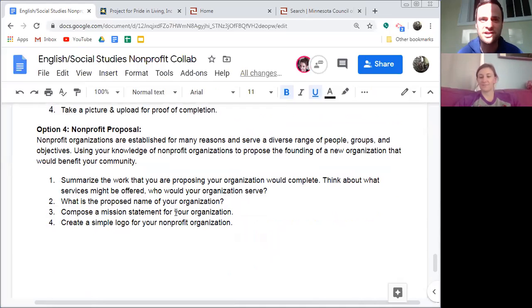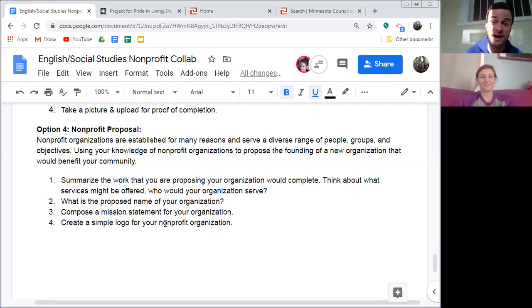What type of organization would you like to put out there for the betterment of your community? So first, what are you going to do and who would you serve? What's the proposed name of your organization? You can get creative. It could be very straightforward. Compose a short mission statement and then a simple logo for your nonprofit.